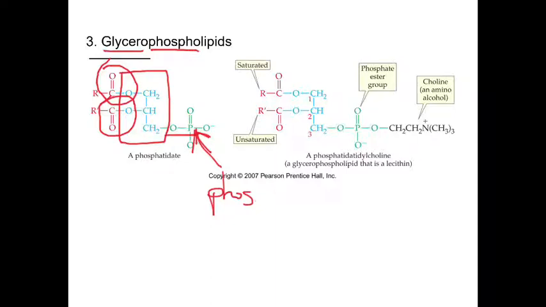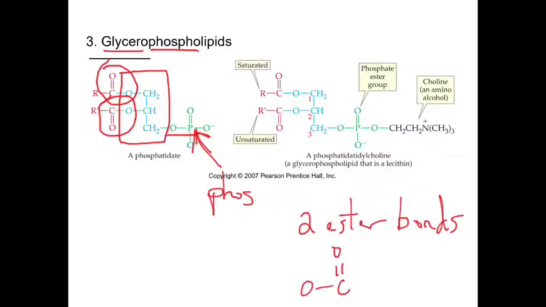Notice what's here as well. We can look at another structure here on the right-hand side. Yes, I see the glycerol backbone, but I only see 2 ester bonds, not 3. I don't see the third one. Remember, an ester bond, you're looking for that structure where you have R groups flanking this C double bond O, C single bonded to O structure.